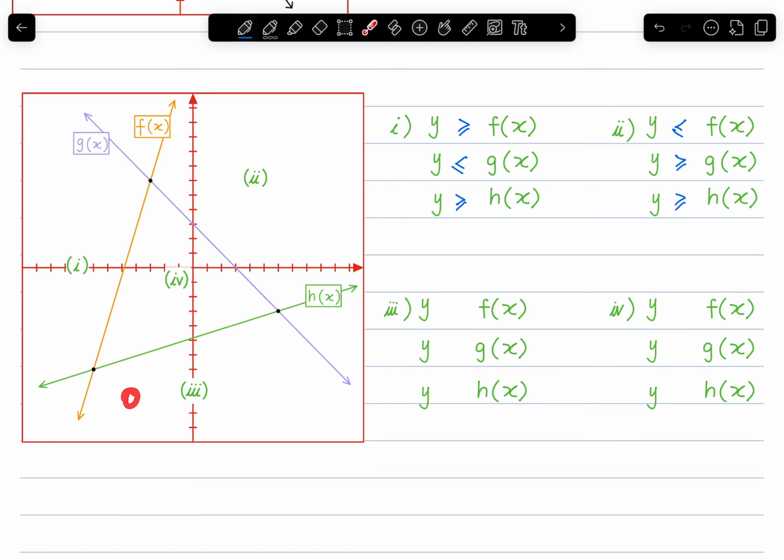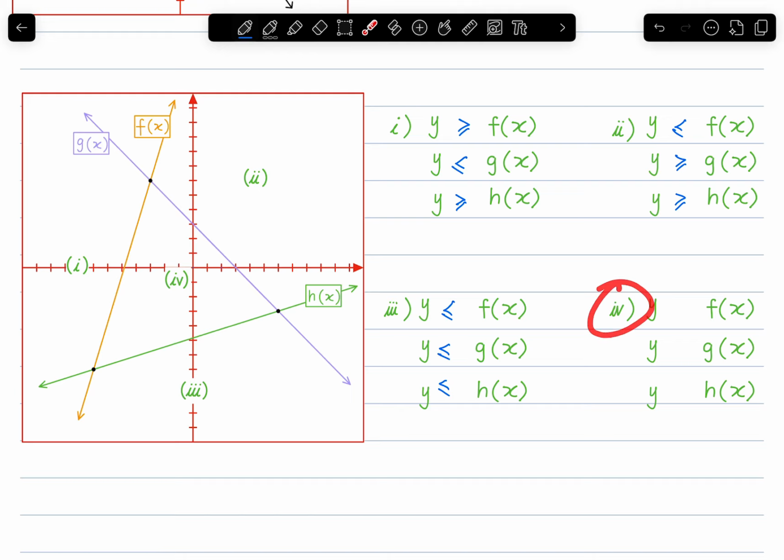Let's pick one here. This point, its y value is below H, it is below F, and it is below G. So it's less than or equal to all three.